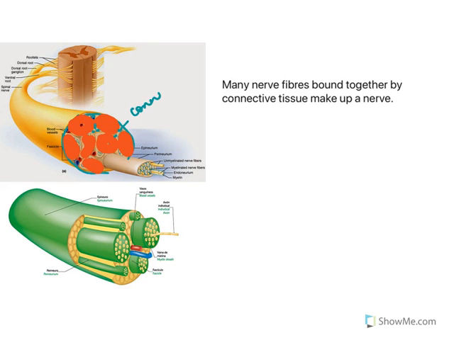Packed together by a connective tissue. So here many nerve fibers bound together by a connective tissue make up a nerve. So what does a nerve consist of? The nerve consists of these many nerve fibers bound together by a connective tissue.